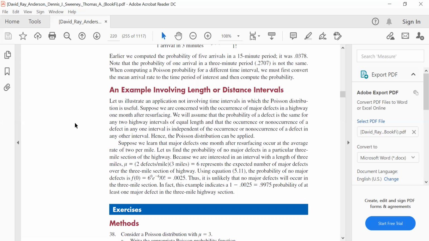Hence, the Poisson distribution can be applied.